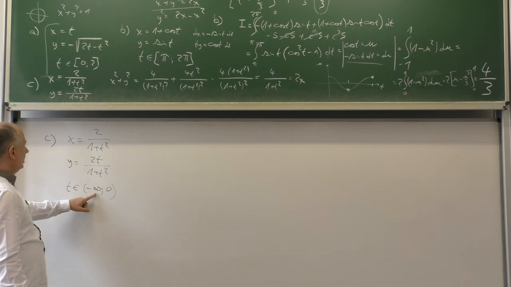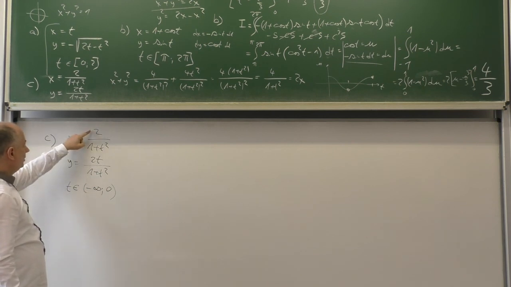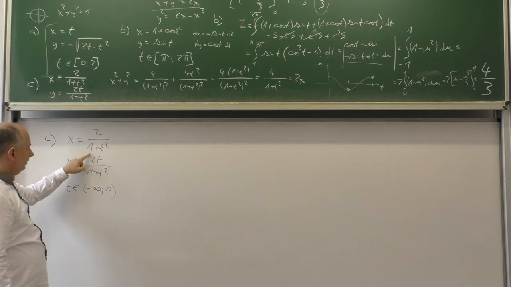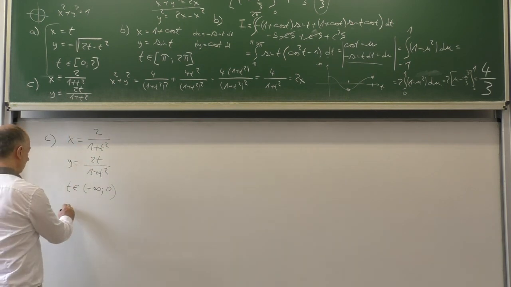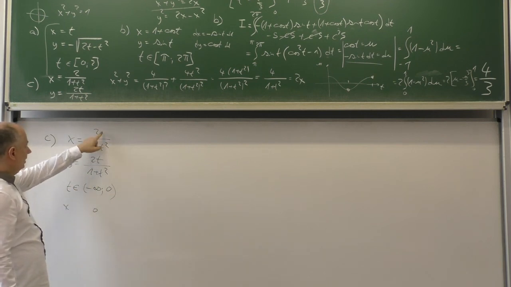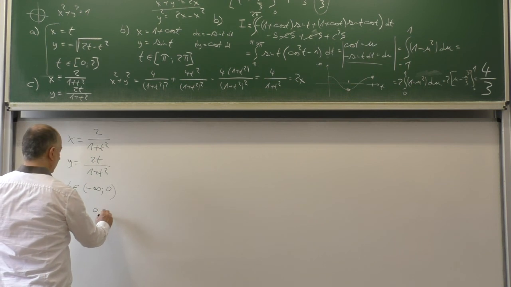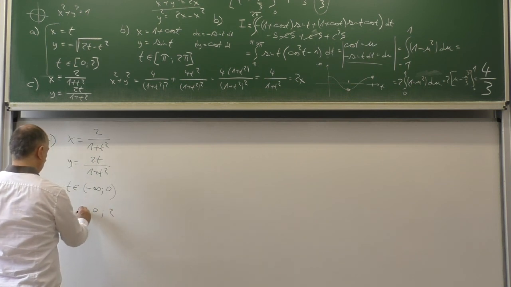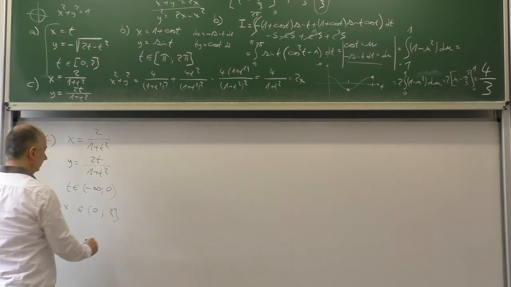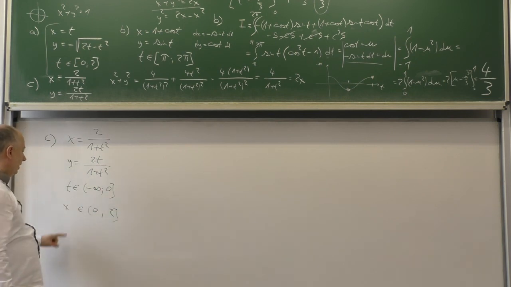If t starts at minus infinity, then x starts at 2 over infinity, which is 0. And when t goes to 0, then at 0, we have 2 divided by 1, which is 2, if we take the closed interval from the right.